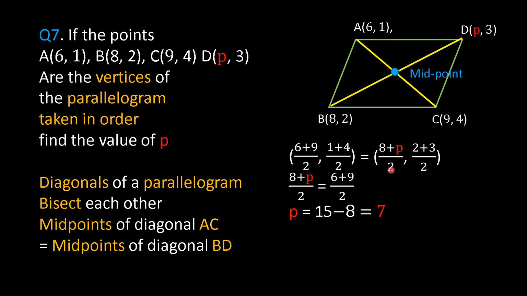Now, by equating the x coordinates on both sides, we get (8+p)/2 equals (6+9)/2. These two get cancelled, so we get p equals 15 minus 8, that is 7. So that is the value of p.